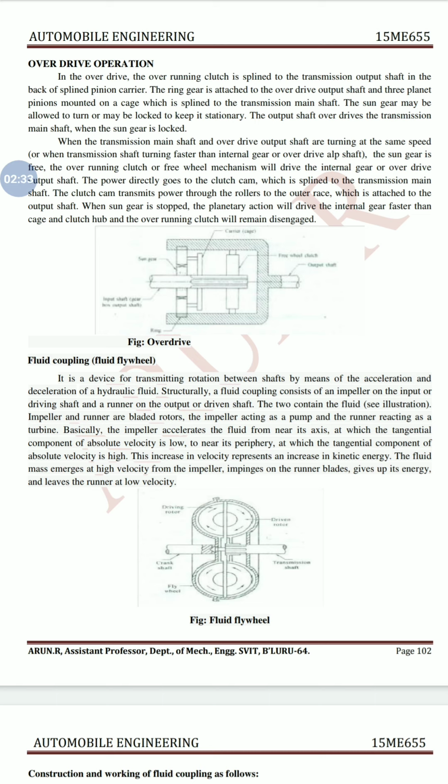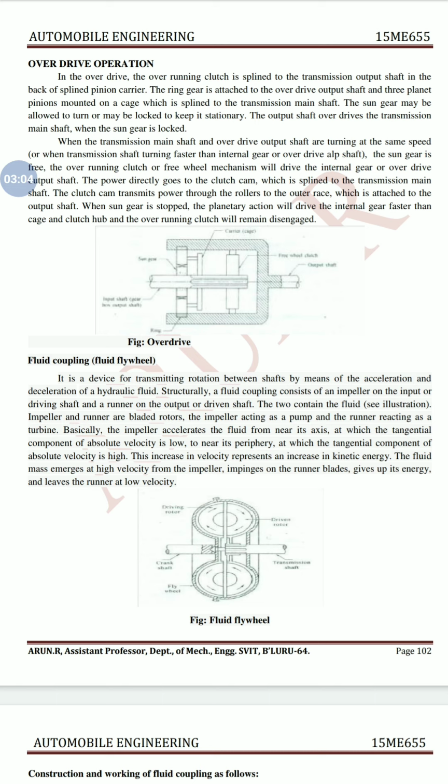Now I am going to explain how it works. You can see in the figure that there is a ring gear attached to the overdrive output shaft, and three planet pinions mounted on the cage. The sun gear may be locked. When the sun gear is locked, the planetary action will drive the internal gear faster than the cage and the clutch hub.